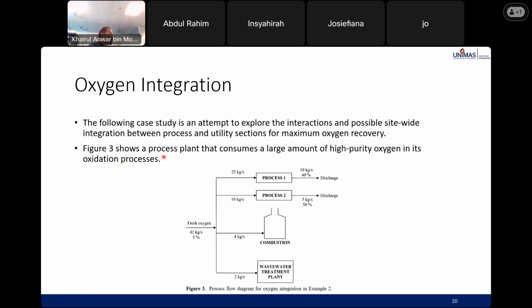Figure 3 shows a process plant that consumes a large amount of high purity oxygen, fresh oxygen here, with only 5% impurities, in its oxidation process.